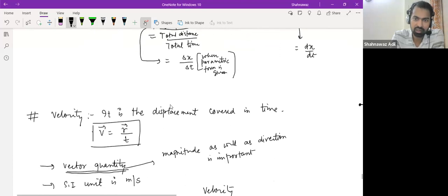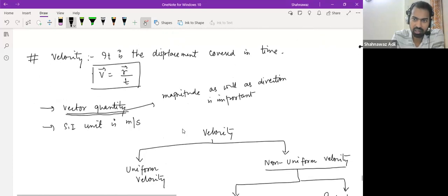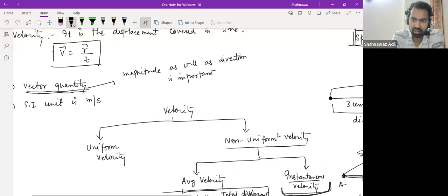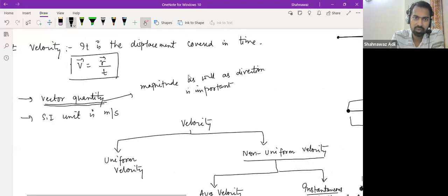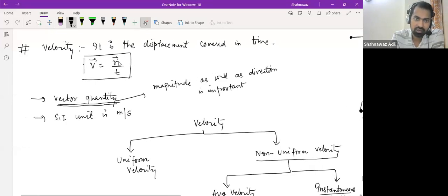But this part is the same as the speed one. Student: Sir, what is vector r? Vector r is the displacement vector.